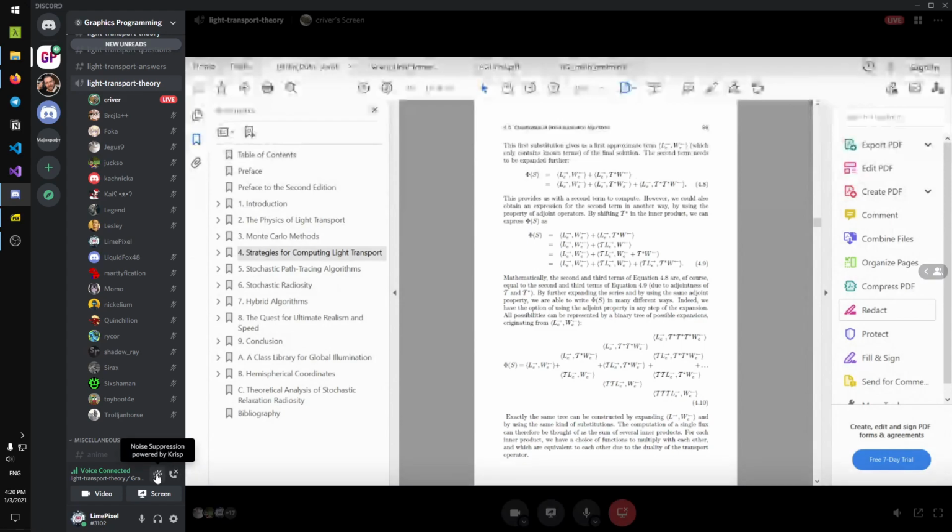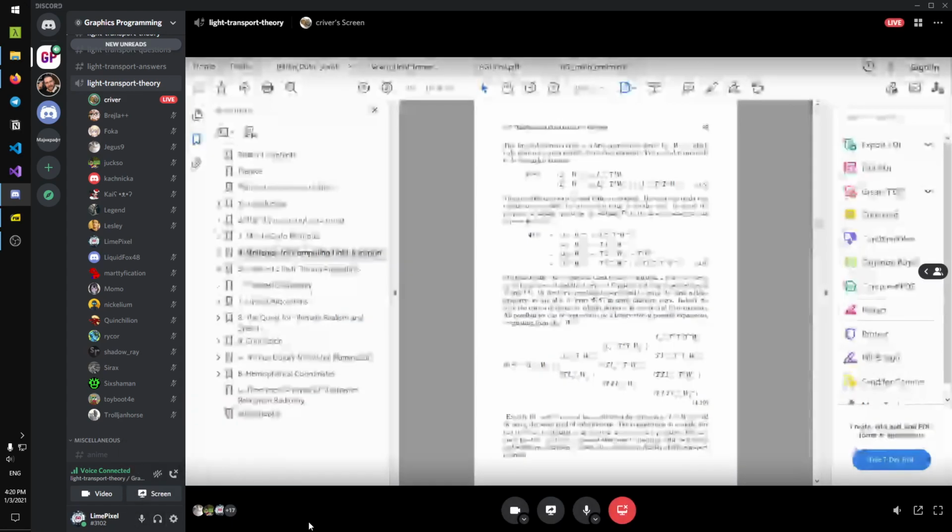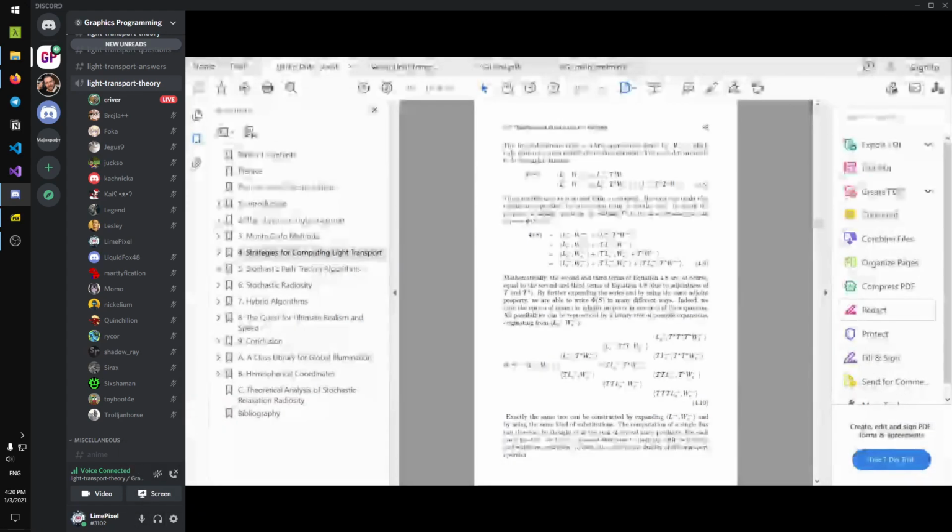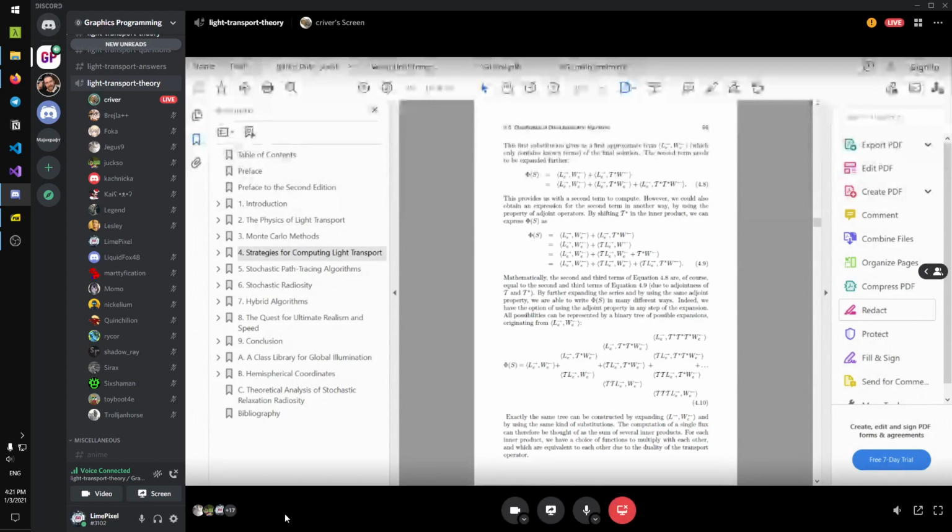So mapping this to 0, 1 would be the job of a tone mapping operator. Other questions?